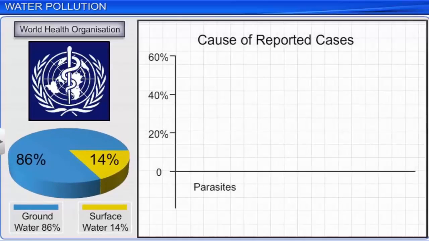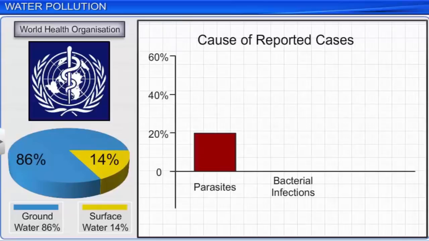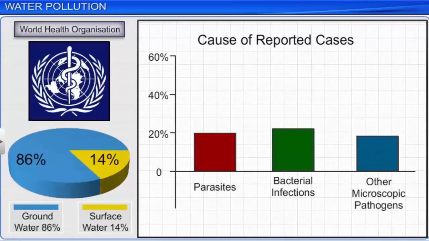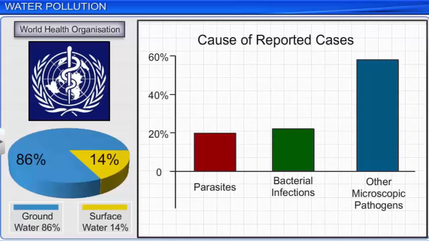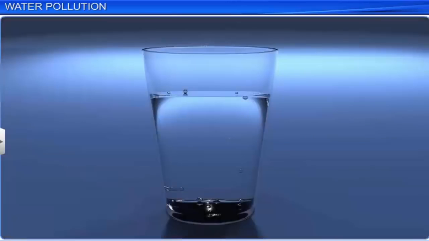The diseases are caused by parasites, bacterial infection, and other microscopic pathogens that contaminate the water. It is, therefore, very important to check the purity of the water we use.